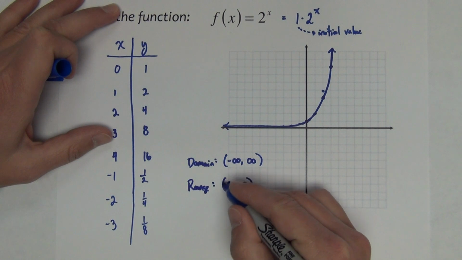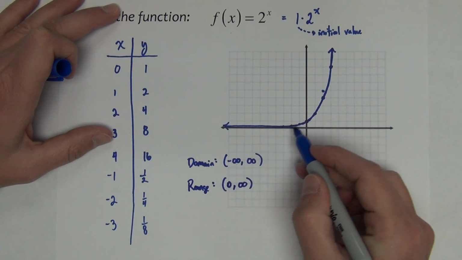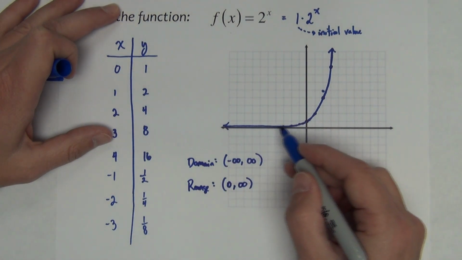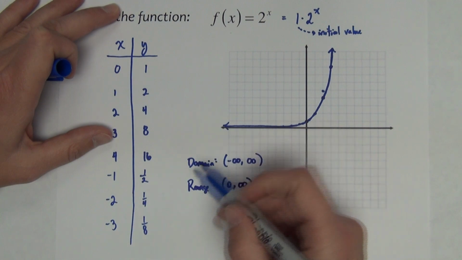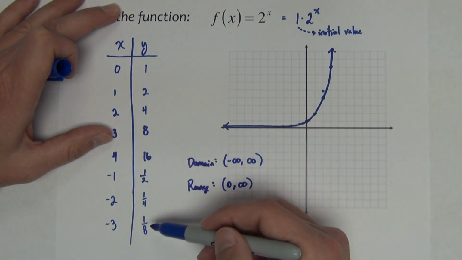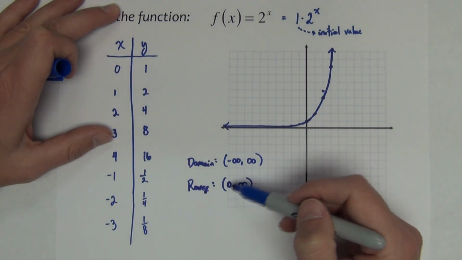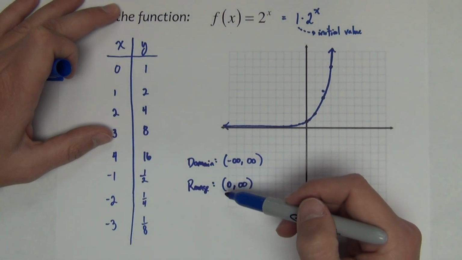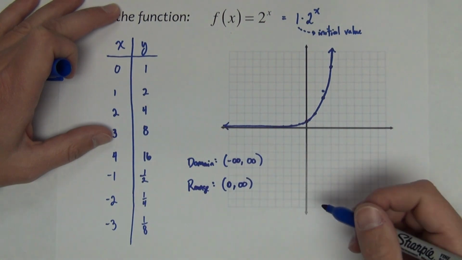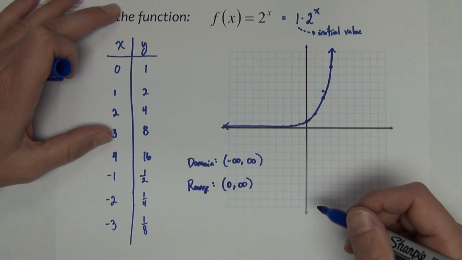Note the parenthesis on the 0 because it never is going to land on the x-axis. It's never actually going to hit 0. These fractions are just going to get closer and closer to 0, but it's never actually going to touch 0. Okay, so there's an exponential function, specifically 2 raised to the x.